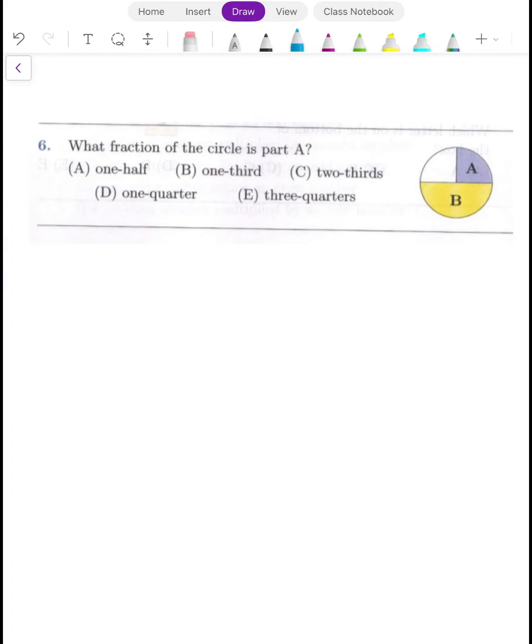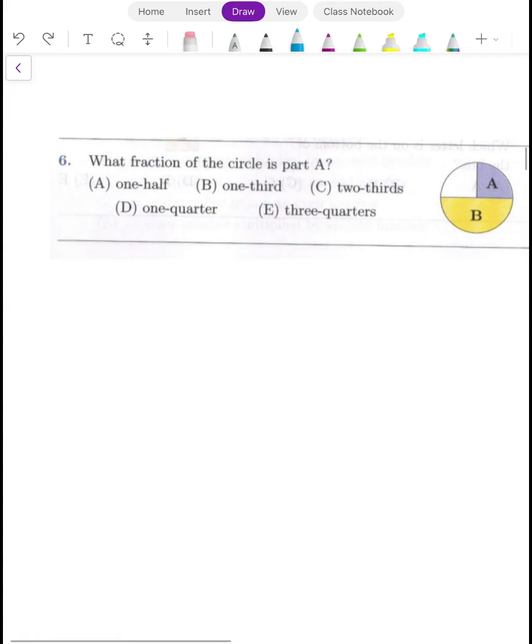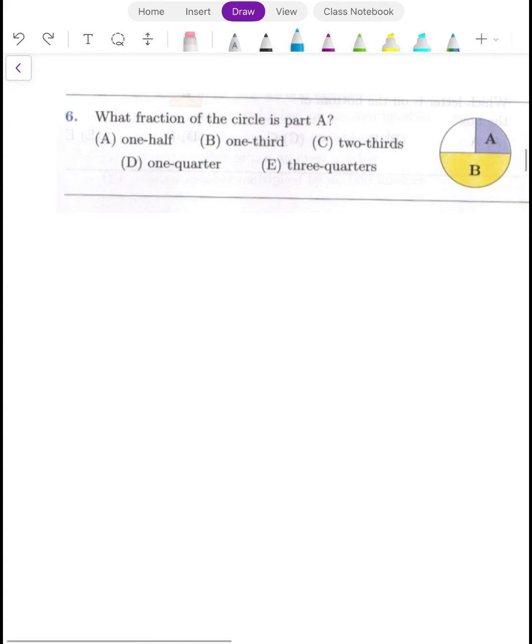Question number 6. There's a circle here. What fraction of the circle is part A? Now there's part B given, but that's just to confuse you. We're only looking at part A. What is part A of the whole circle?